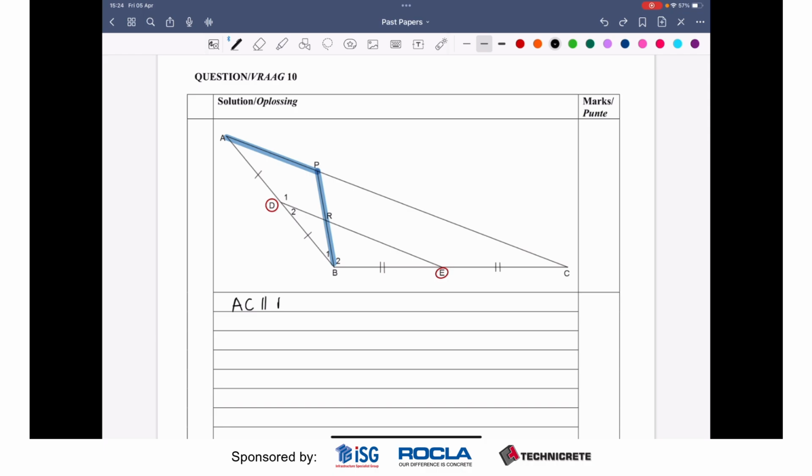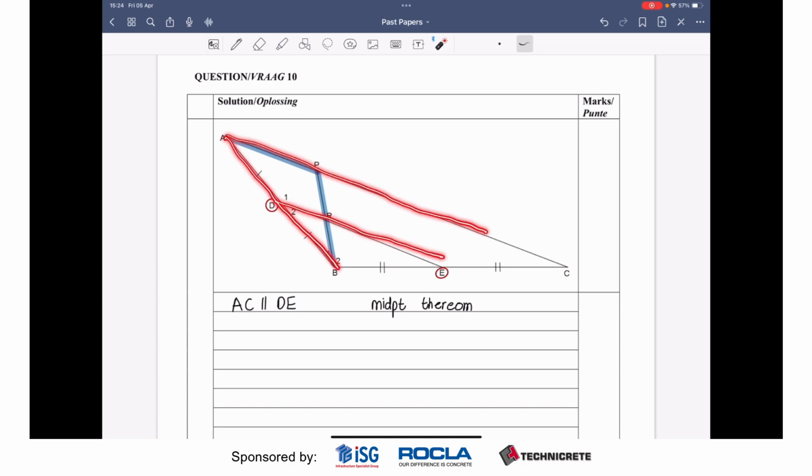DE, midpoint theorem. Then when things are parallel, I'm always looking for my co-interior, alternate, or corresponding angles. And indeed, these two are parallel. And then there's this line here, this AB.